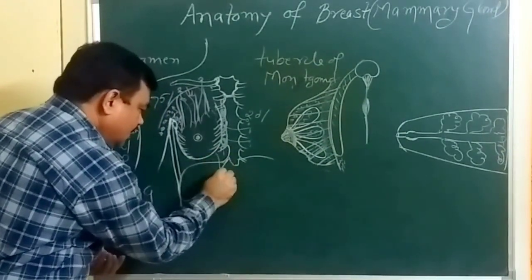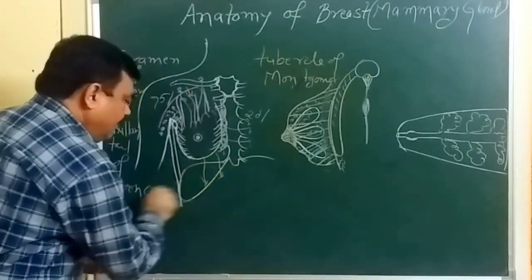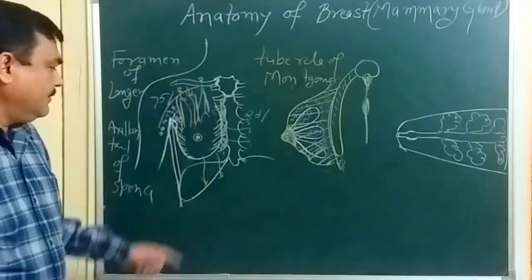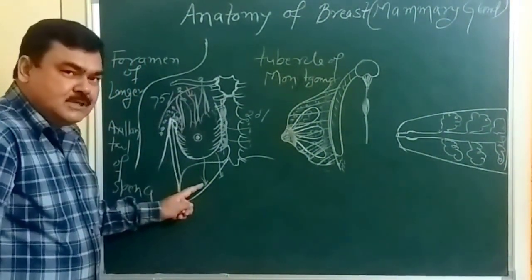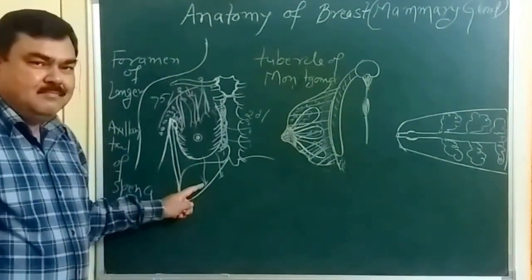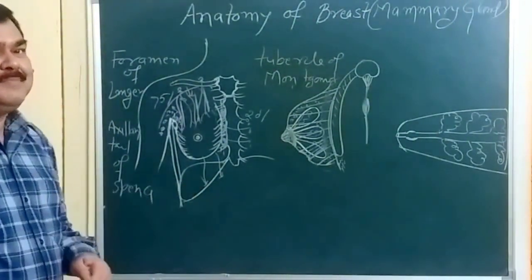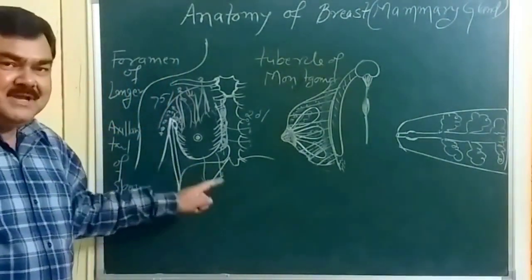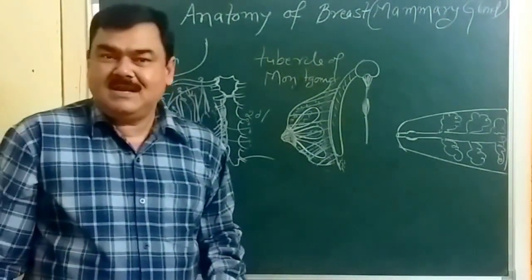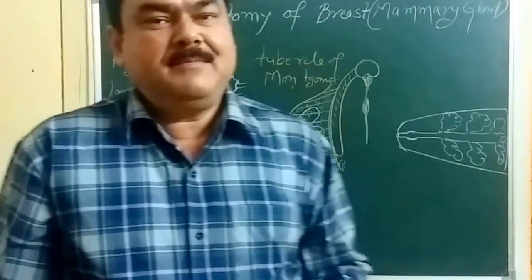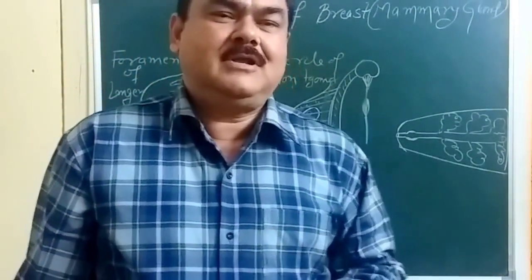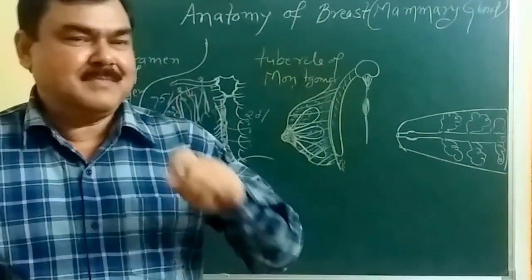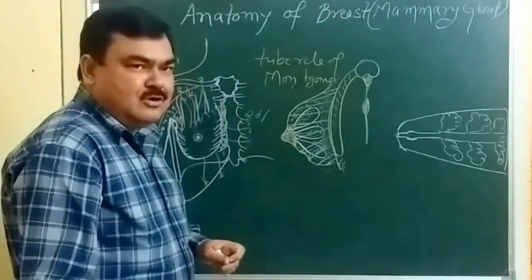Lymphatics may go below the diaphragm, to the subdiaphragmatic plexus, and to the subperitoneal plexus. So here two plexuses are present within the abdominal cavity. The lymphatics pierce the anterior abdominal muscle and go into the abdominal cavity below the diaphragm, into the subdiaphragmatic plexus and subperitoneal plexus.